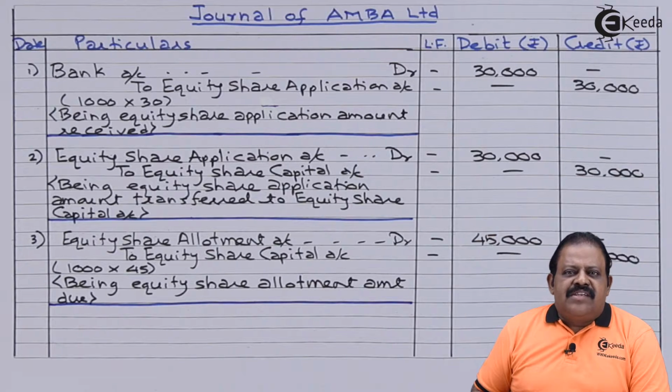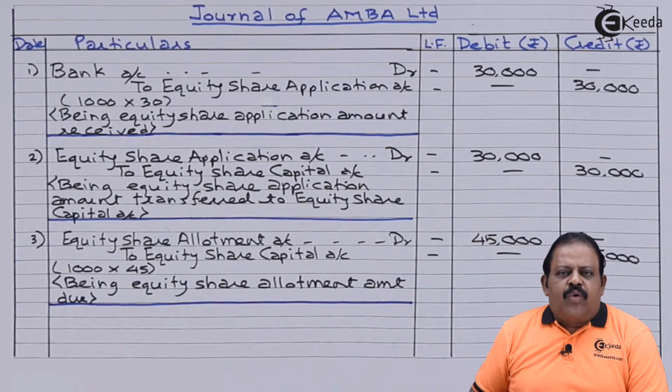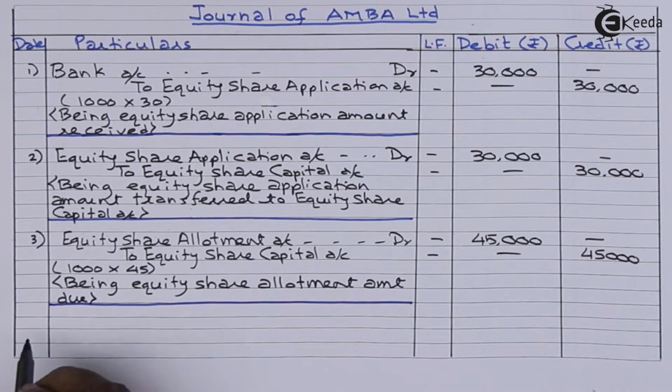When shareholders receive the allotment letter, they come forward to make payment of the allotment amount. So our next entry is for receiving the allotment amount.